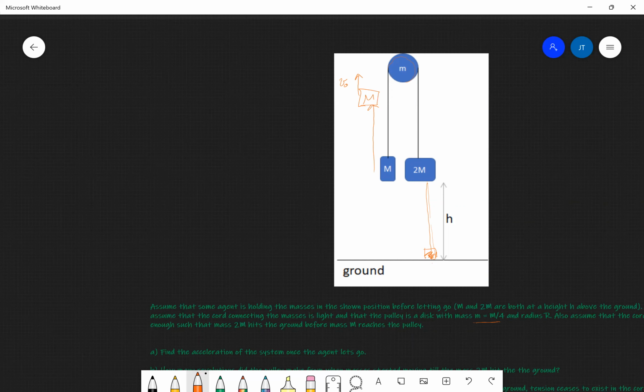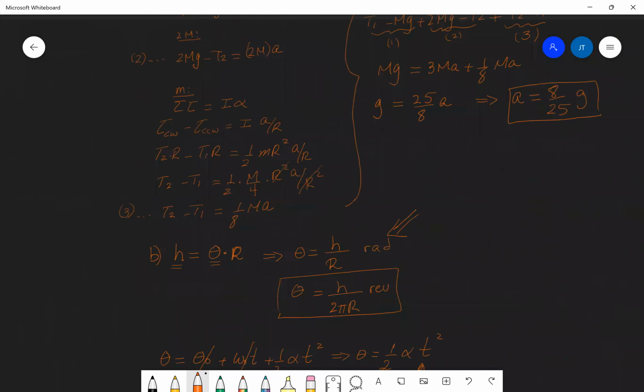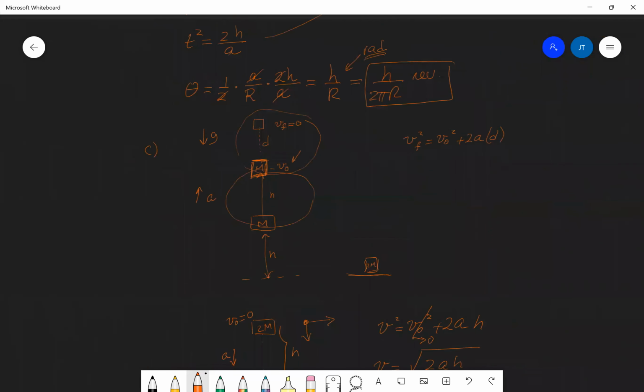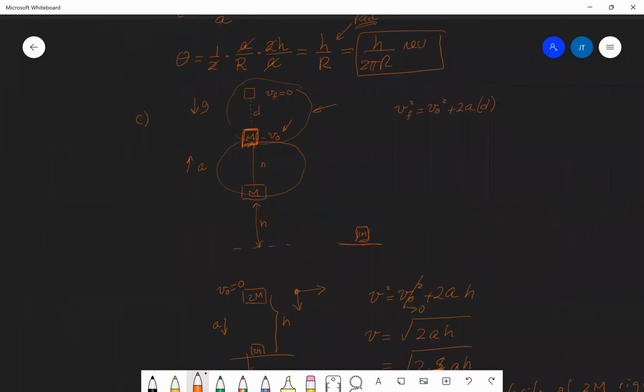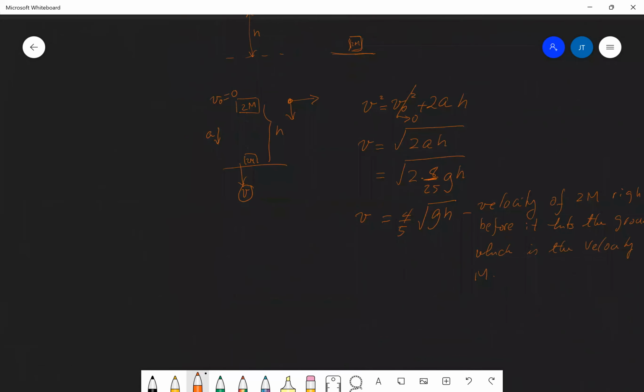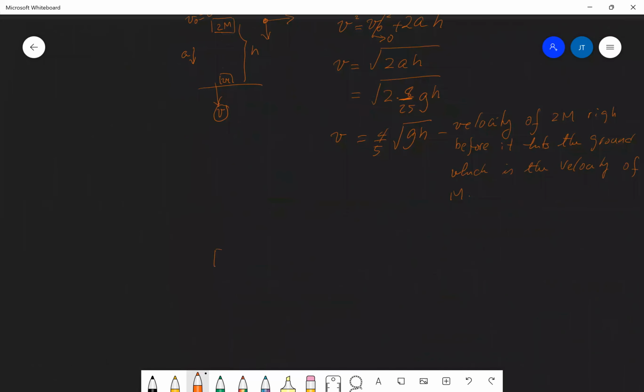So now we look at the latter part, the free fall part of mass m. Now we have mass m, which is already 2h above the ground, going up at some velocity v0, some distance d before it stops at the maximum height.